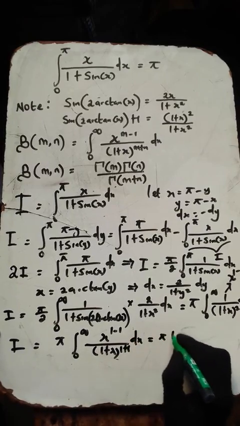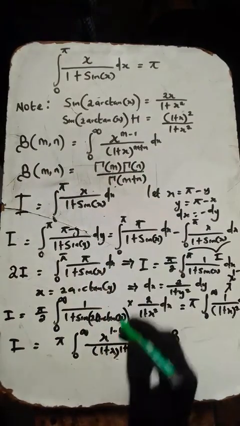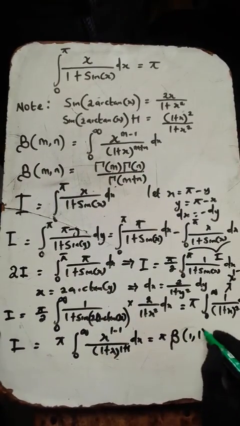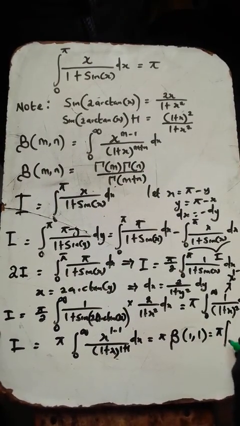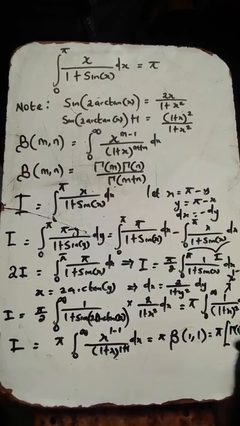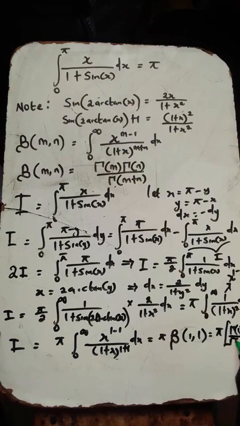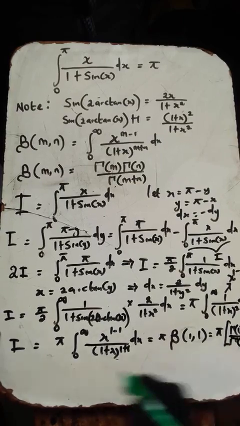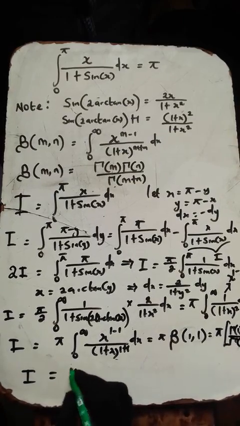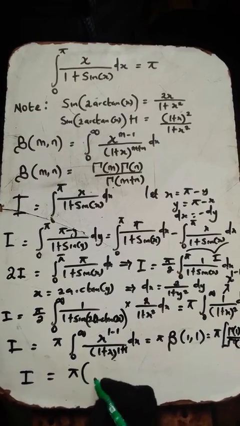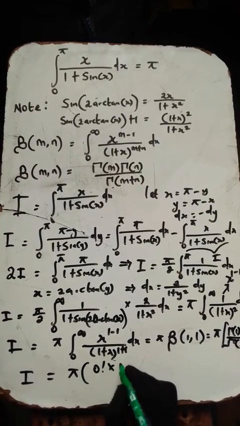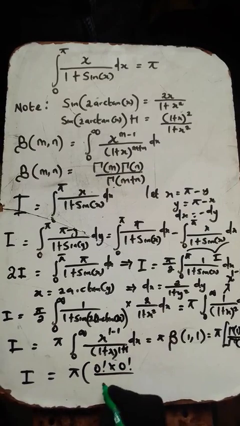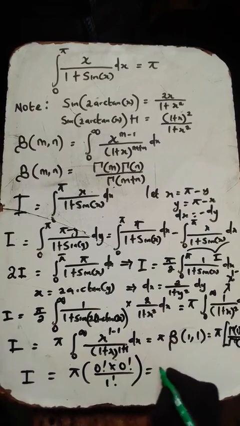And this is equal to pi, the beta of 1, 1, and this is equal to pi, open bracket, according to the relationship, gamma of 1 times gamma of 1 over gamma of 1 plus 1, which is 2 here. So I is finally equal to pi, gamma of 1 is 0 factorial times 0 factorial over gamma of 2, which is 1 factorial.